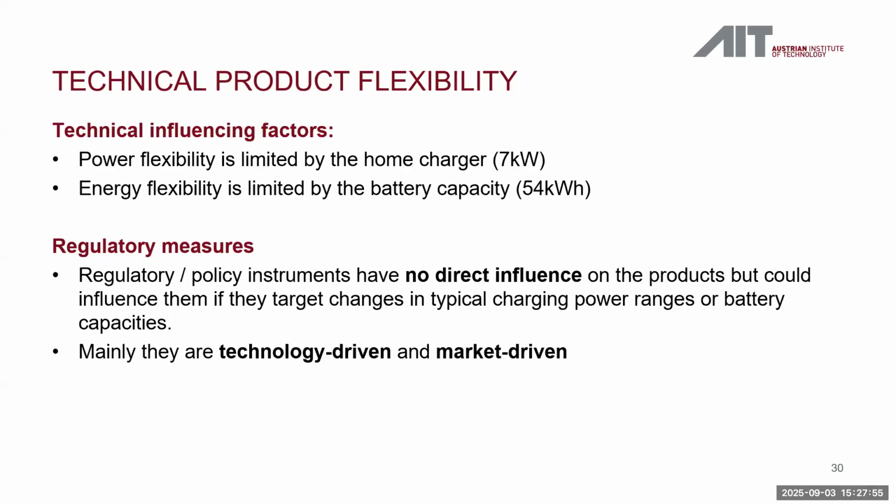And the energy flexibility depends on the battery capacity. Nowadays, it's around 54 kilowatt hours, which the vehicles can store. And what we want to say here is that regulatory measures don't have a direct influence, but it is more technology-driven or market-driven, like the battery capacity.